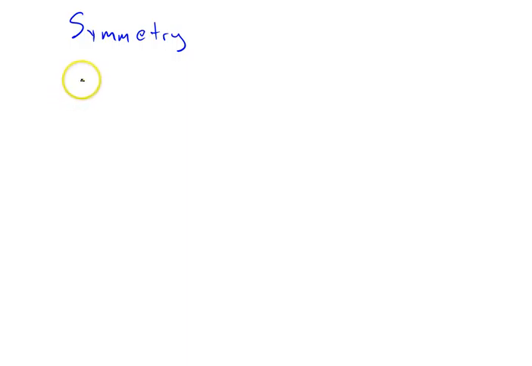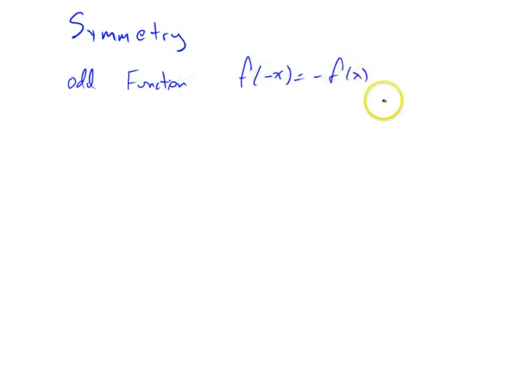There's this thing called even and odd functions. Let's start with an odd function. An odd function is a function that satisfies f of minus x equals minus f of x.